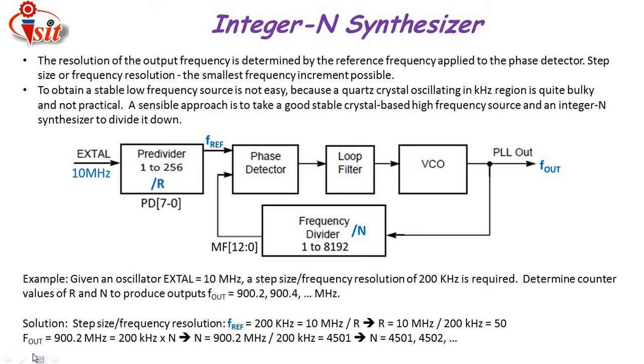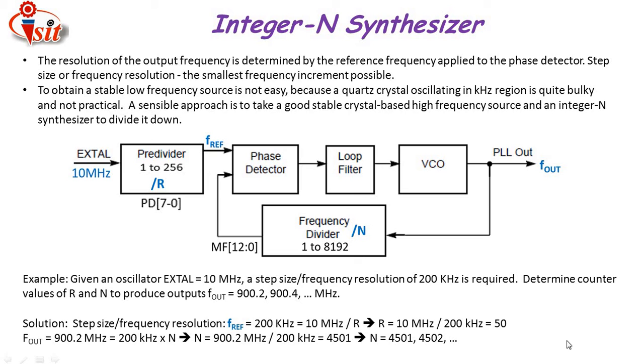So for F out, the output frequency is equal to 900.2 megahertz. We convert that: 900.2 megahertz equals 200 kilohertz times N, where N is 900.2 megahertz divided by 200 kilohertz, which is 4501, and the N value varies between 4501, 4502, 4503, and so on.